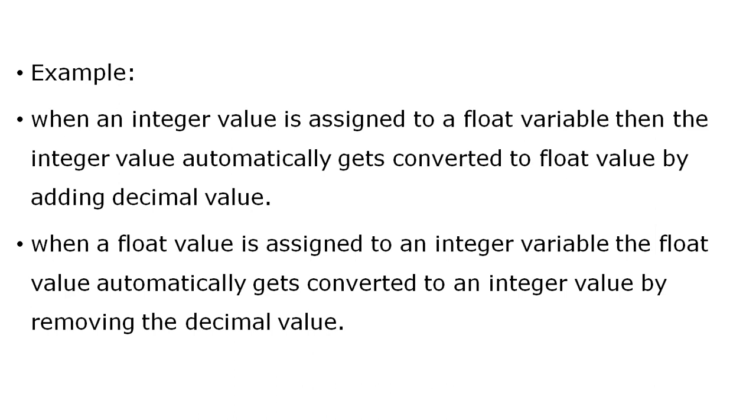When a float value is assigned to an integer variable, the float value automatically gets converted to an integer value by removing the decimal value. This is called implicit type conversion.